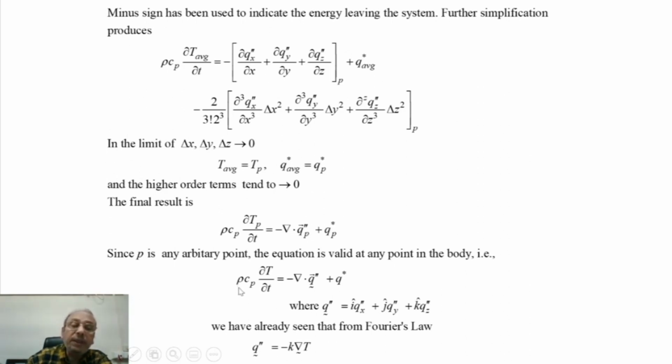So we can write rho Cp del T, where T is temperature, del time, equal to minus grad dot Q double prime plus Q star, where Q double prime is the resultant heat flux vector. It has three components, I Qx double prime plus J Qy double prime plus K Qz double prime, and the quantity Q star is given.